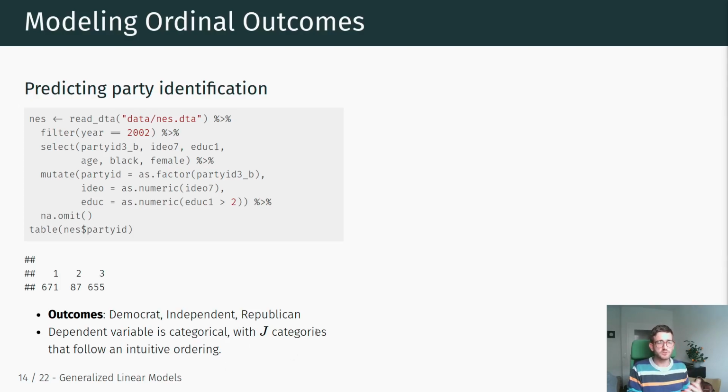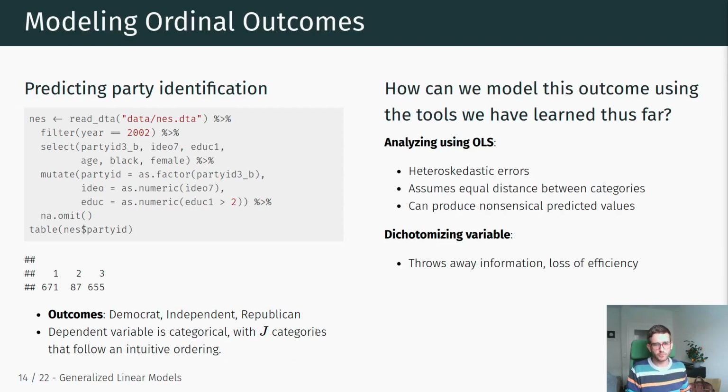Okay, so the first question is, if we have this setup, if we have an outcome like this, how can we model this outcome using the tools that we have learned so far? Okay. And the tools that we've learned so far are basically linear regression, OLS, or logistic and probit models for dichotomous outcomes. Okay, and each of those, of course, we could use, but it has certain downsides and certain potential issues, right?